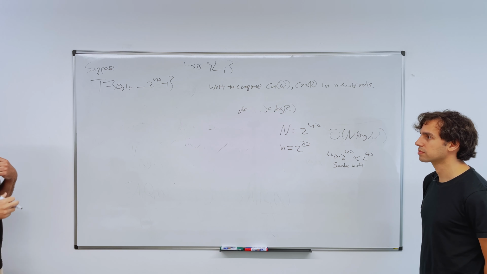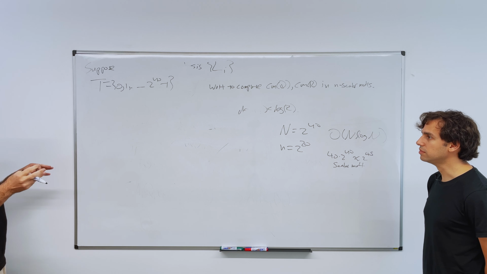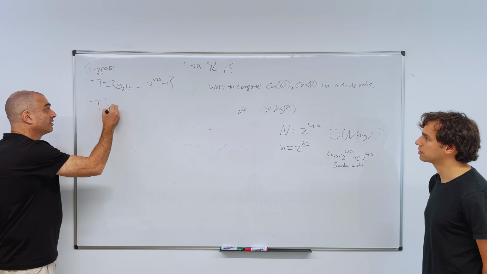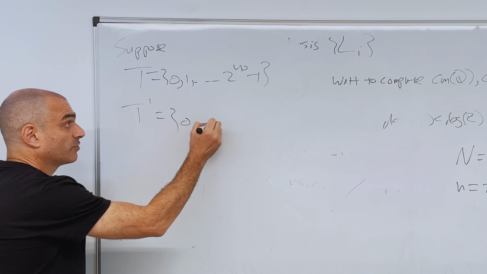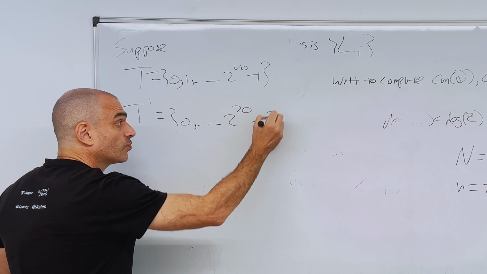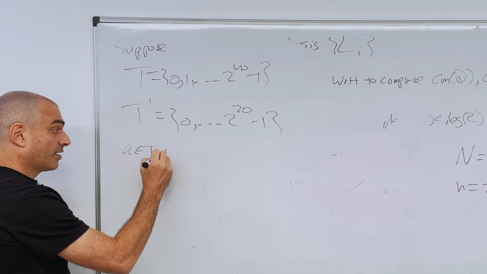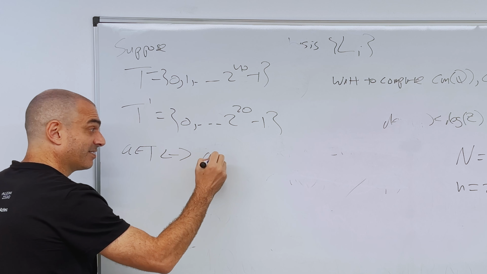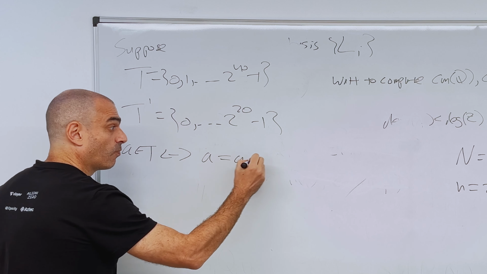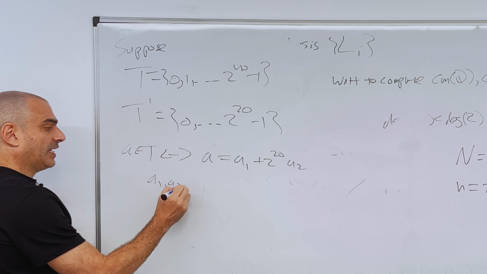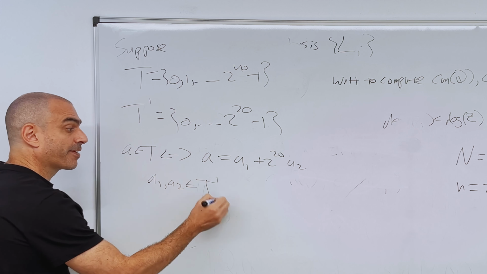This is an example of what we can call a decomposable table. Why? Because if we set T prime to be the table of 20-bit strings, say the values 0 to 2 to the 20 minus 1, it means that A is in T if and only if we can write A as A1 plus 2 to the 20 times A2, where A1 and A2 are in T prime.